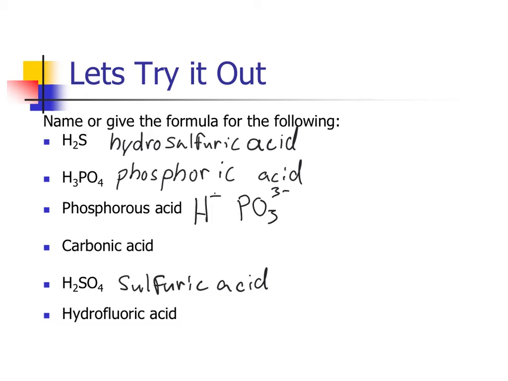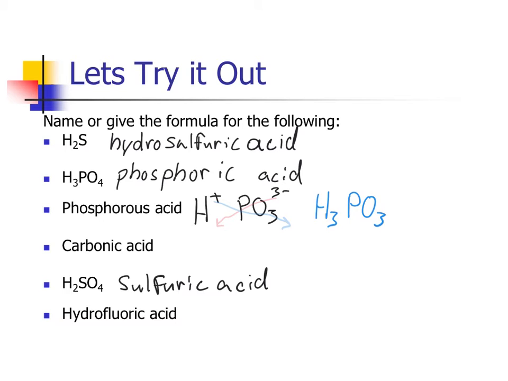And if I don't know how to do this right away, I can do the crisscross method, same as before, to give me H3PO3. Sometimes the question is, where did that 3 on hydrogen come from? Well, it came from the phosphite because it's a -3 charge.